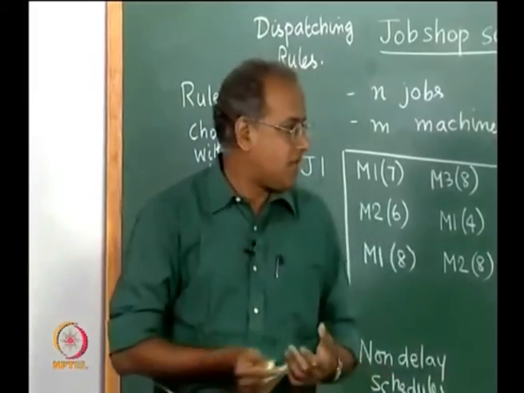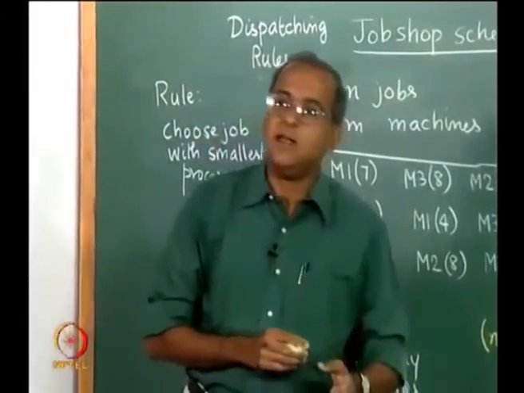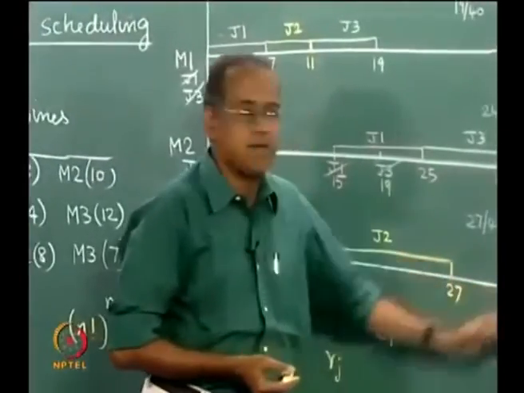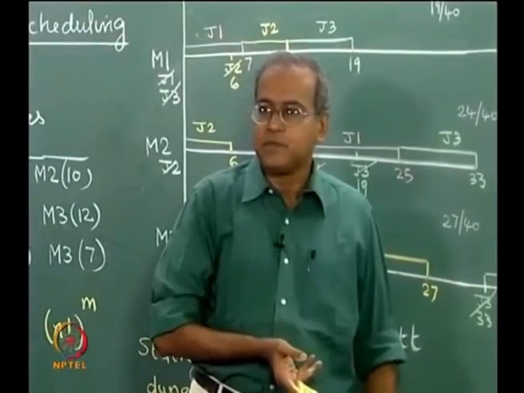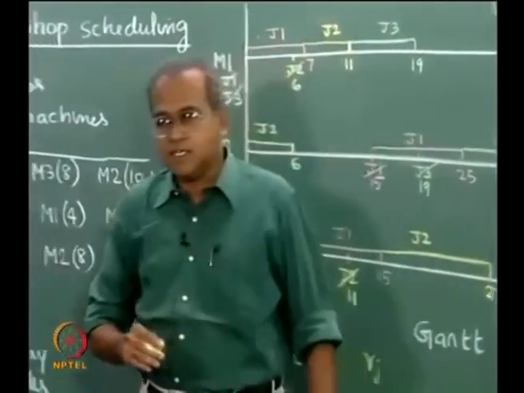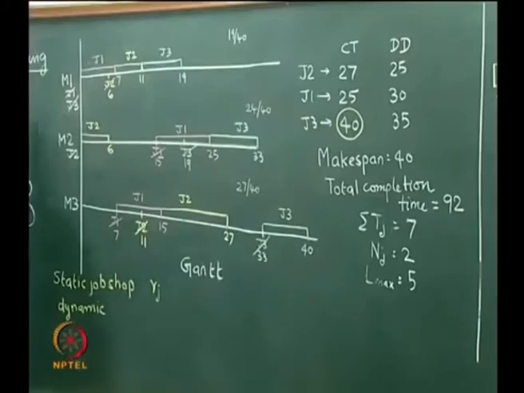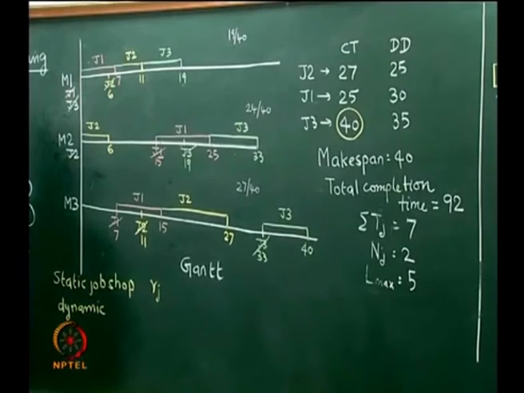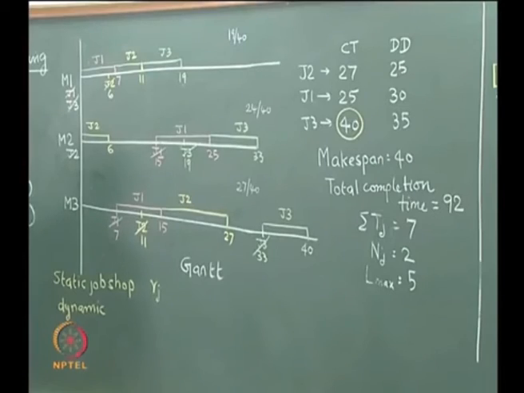For example, can we have other heuristic methods other than dispatching rule based methods which may give us a value less than 40? One such method is called the shifting bottleneck heuristic, which follows an entirely different approach to solving the job shop scheduling problem. So, we will look at the shifting bottleneck heuristic in the next lecture.